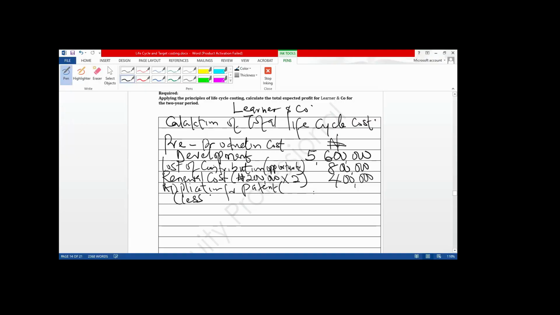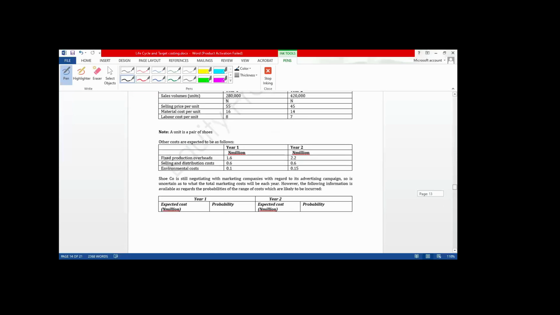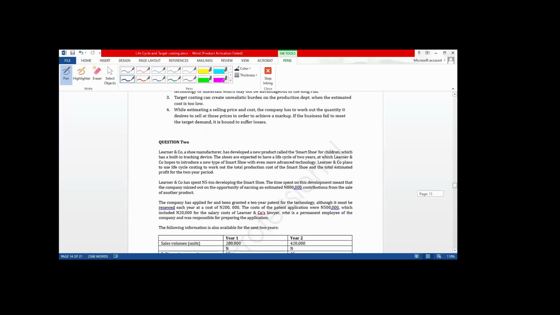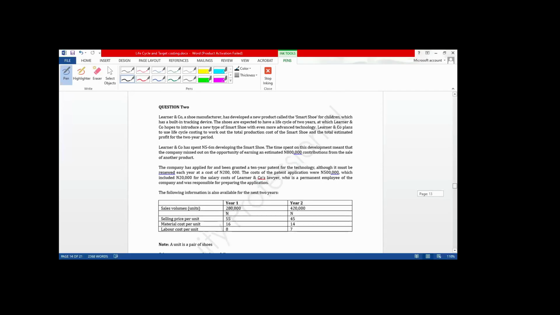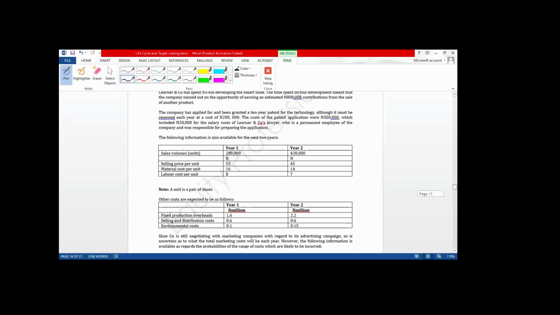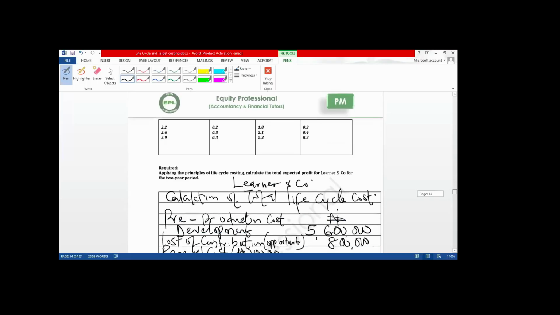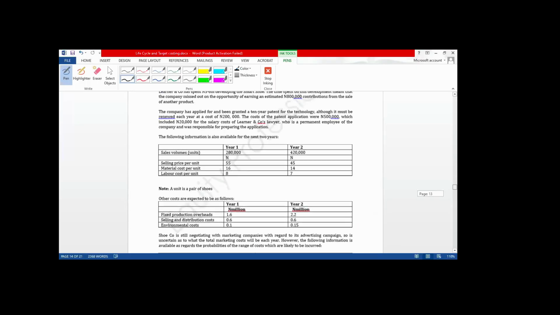Less lawyer salary. In case you are referring to it, that will give me 480. Is that not, please? All right. You are done with the pre-production cost. We now go to year one.